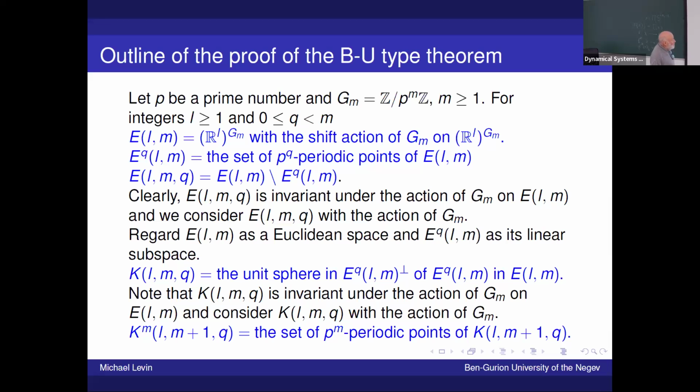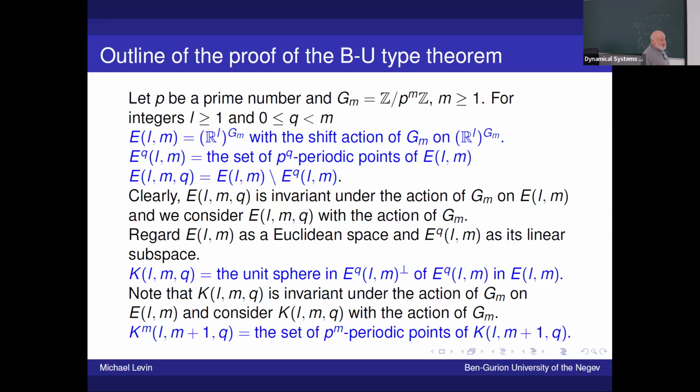So E_L^n is a Euclidean space, E_q^n is a linear subspace. We will take the orthogonal complement of E_q^n. So it will be invariant under the action of G_n because G_n acts by orthogonal transformations. Okay.